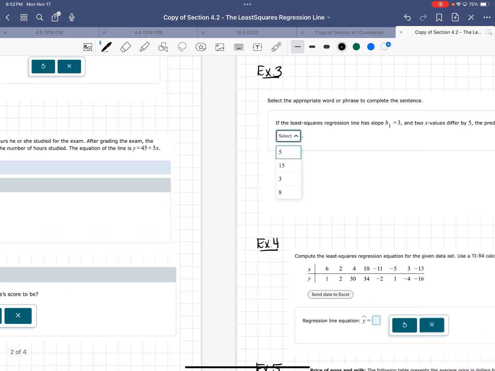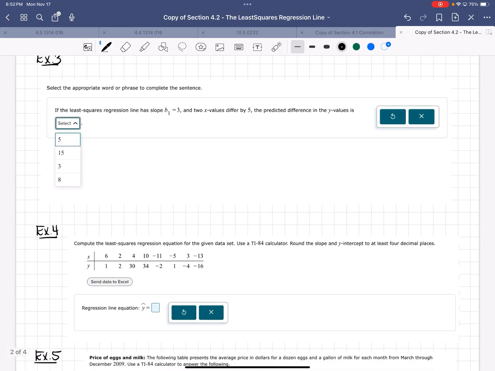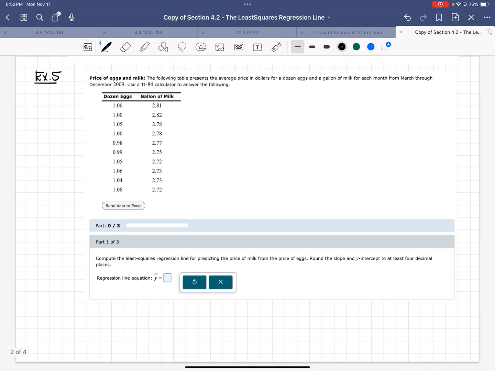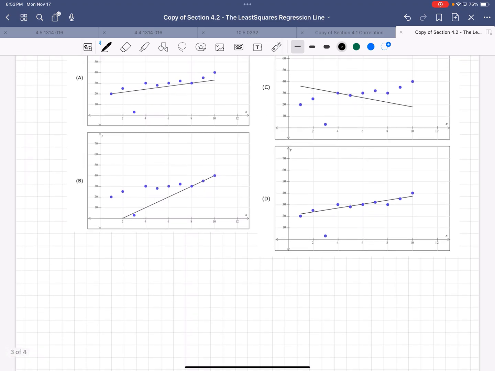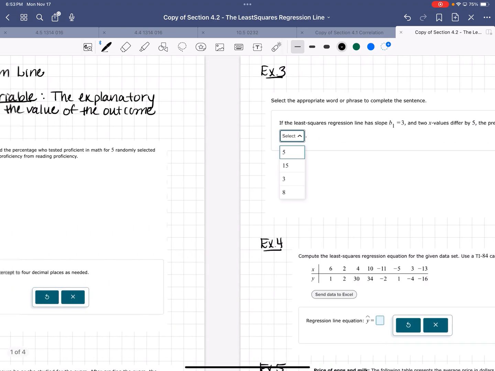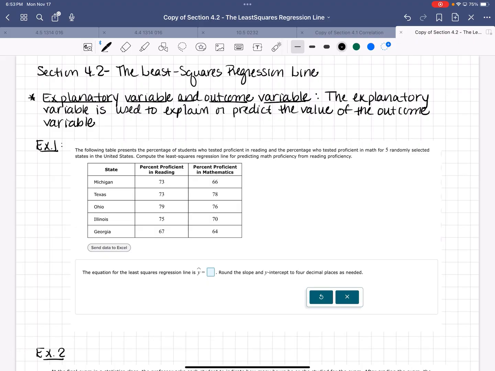It says, nope, I didn't do it. It's got the drop downs with the blanks, and it says the blank variable is used to predict the value of the blank variable.